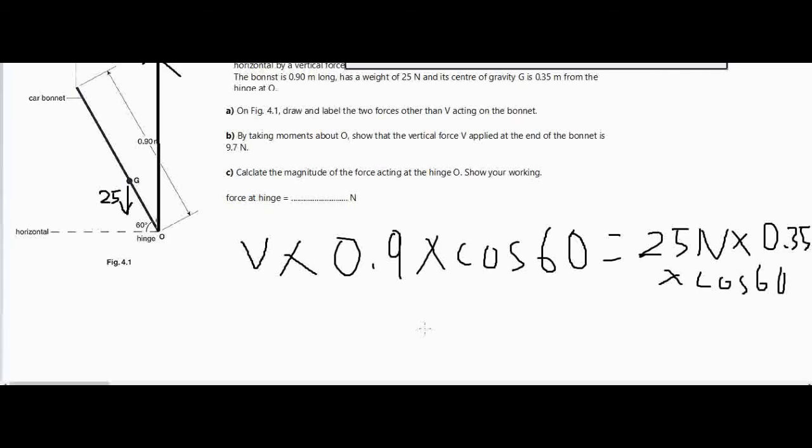Okay, now first thing we can do, we can go ahead and punch these into our calculator, the right hand side where we have all the values, and we get V times 0.9 times cosine 60 is equivalent to 4.375.